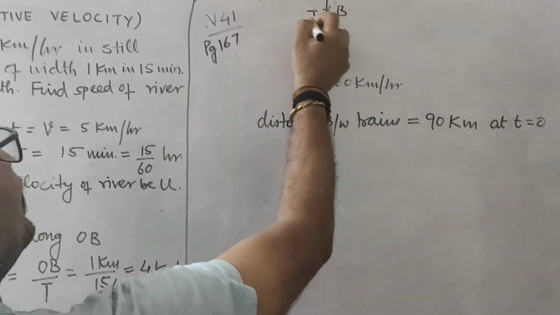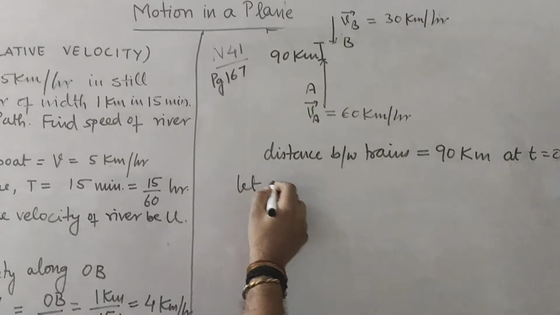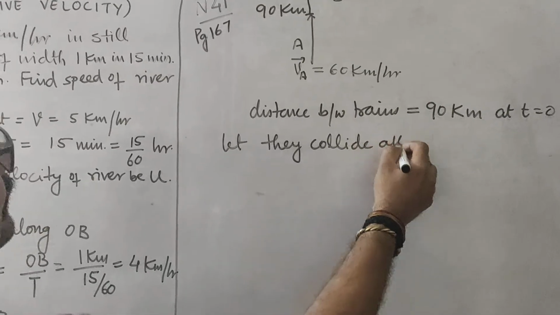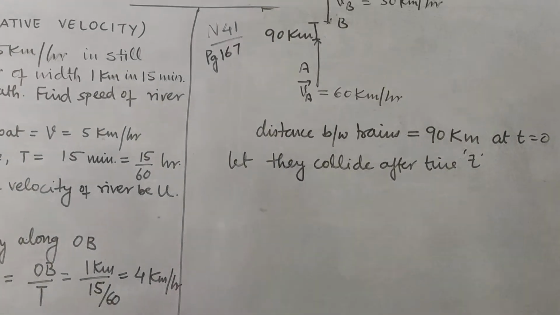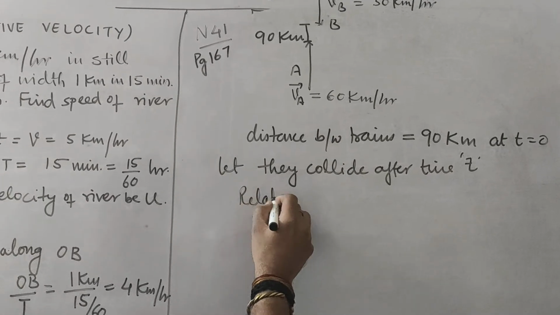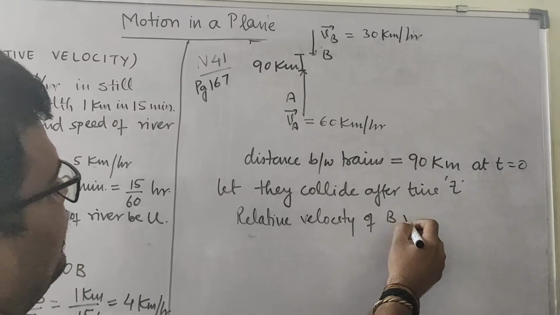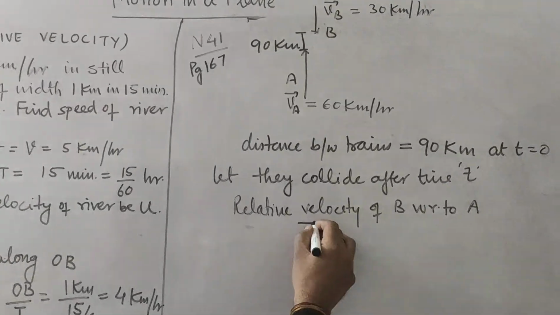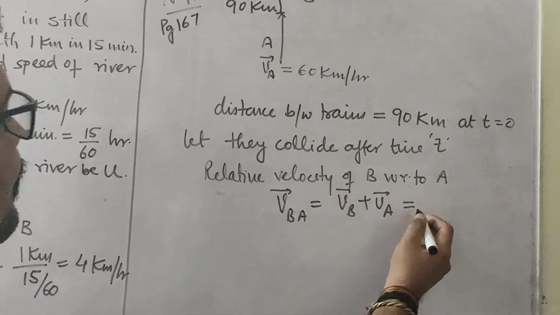This distance before is 90 km. So let them collide after time t. As both are moving, the relative velocity of B with respect to A, that is VBA, will be VB plus VA, as both are moving in opposite directions.